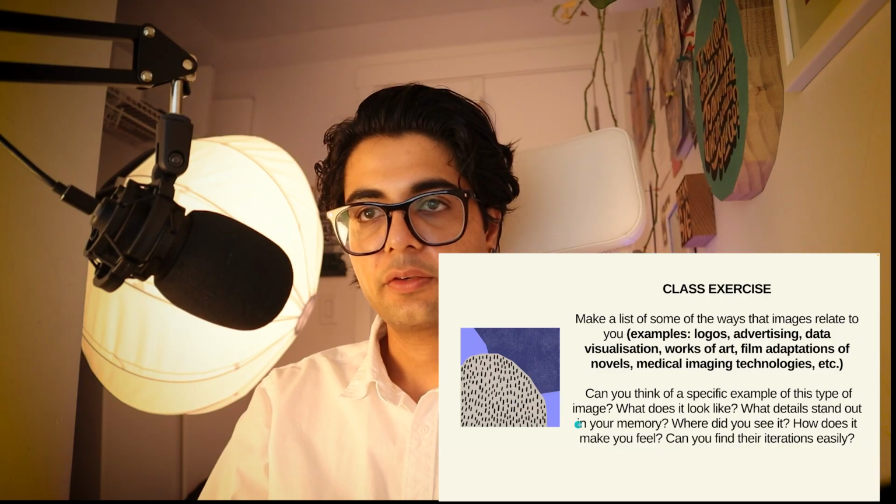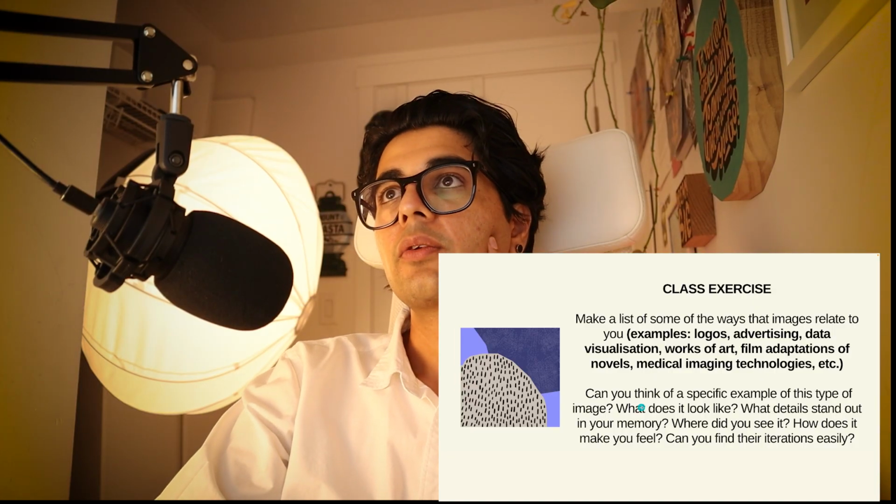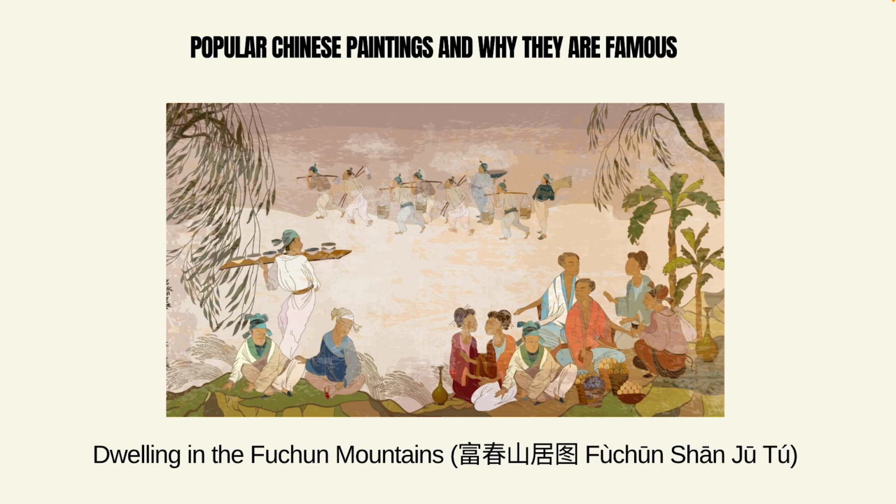Can you find the iterations easily? So if you do share it, you don't have to look for something that's just logos and advertising. It could be literally anything that has a connection to you and that connects to our conversation here about visual cultures.